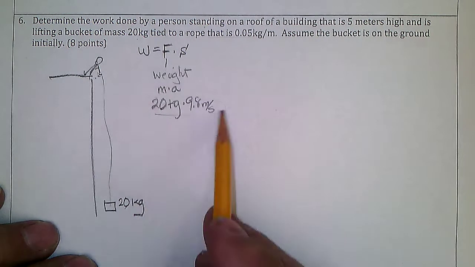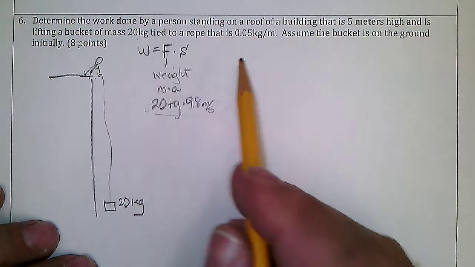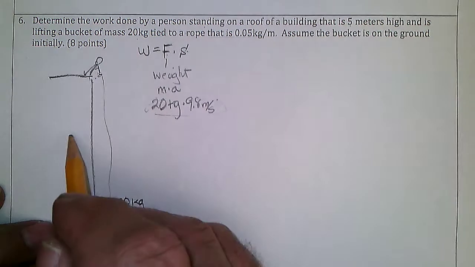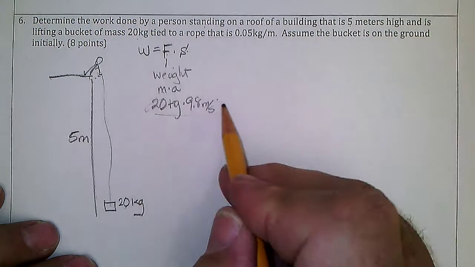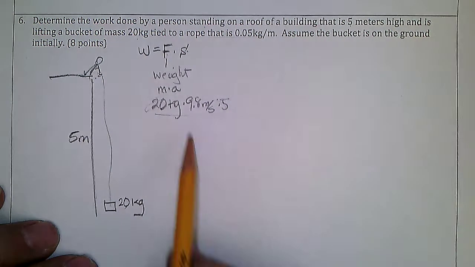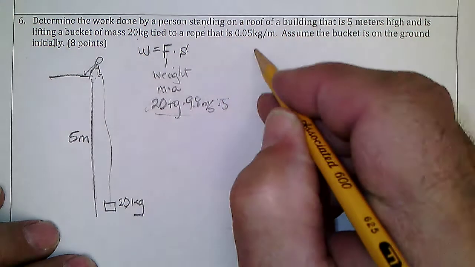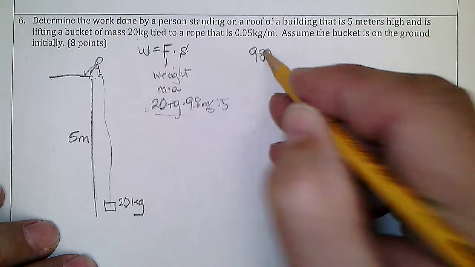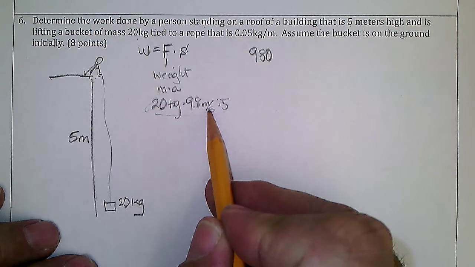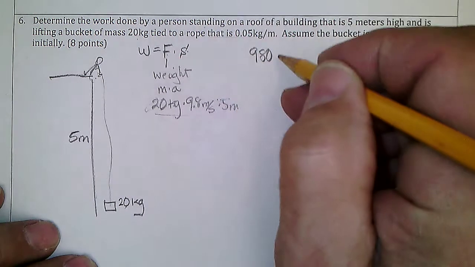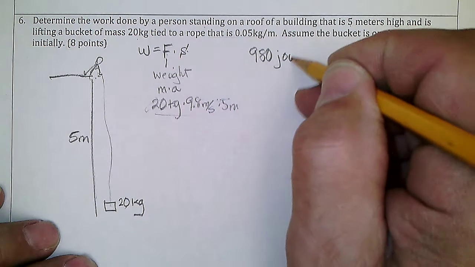And that would be the force. And the distance that it's going to go is the height of the building, which was 5 meters. So 5 times 20 is 100, times 9.8 would be 980. A kilogram meter per second squared is a Newton, times meters, a Newton meter, which is a joule.